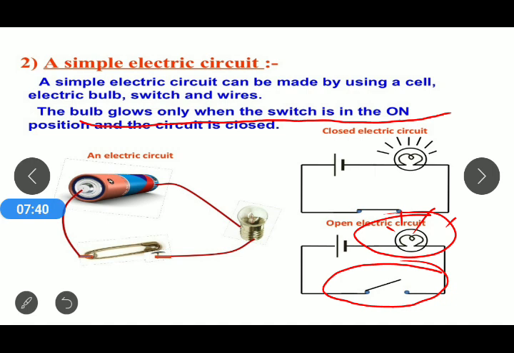So that is the simple electrical circuit and the representation of the circuit diagram. In that way we are able to form the electrical circuit into its electrical symbols.